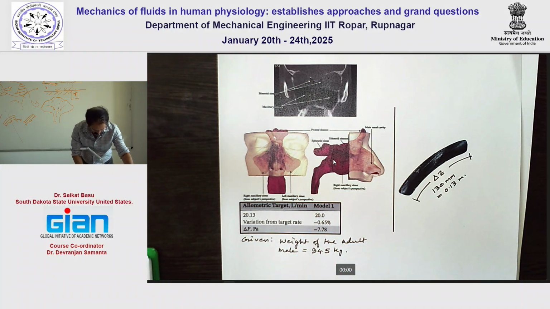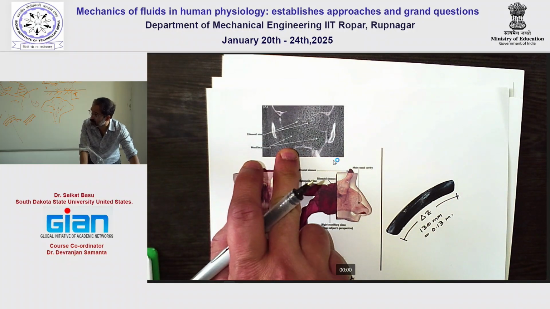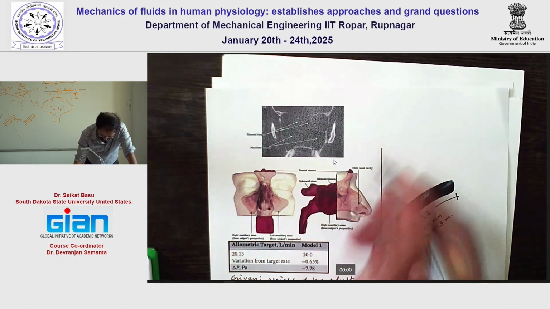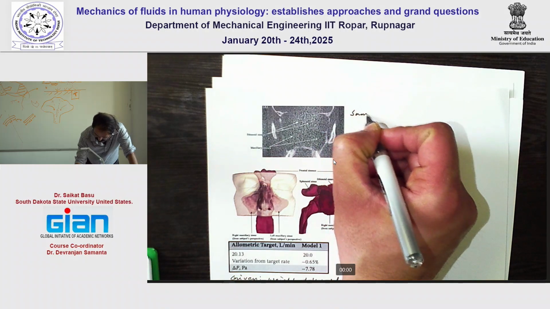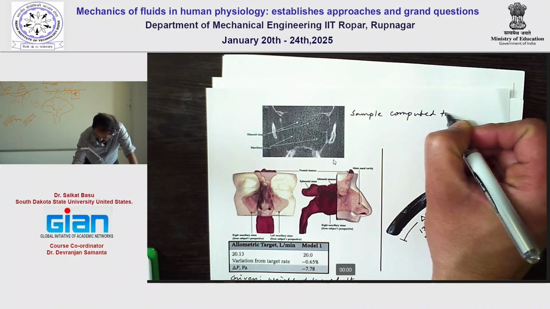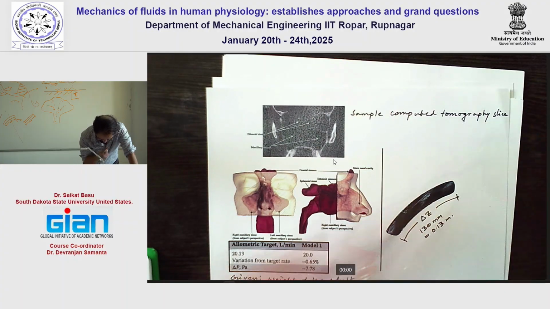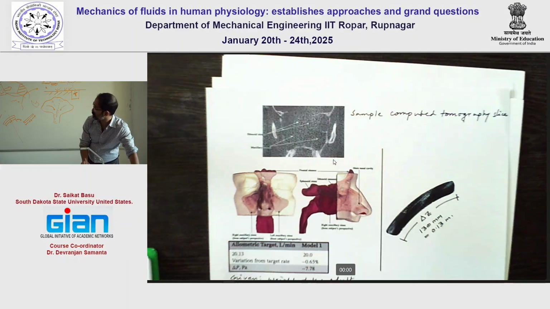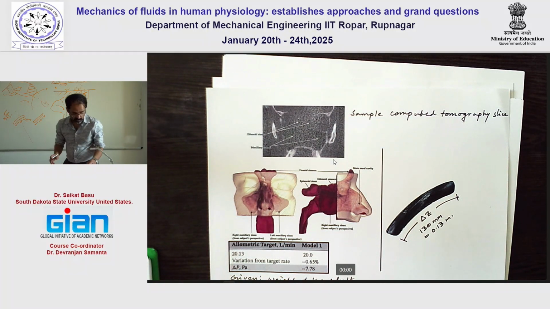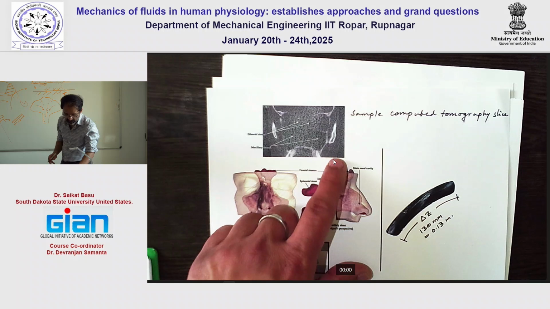Okay, so let's look at the other. So this is the figure. This would be clearer in your printout. So this is the CT scan of the same subject. So this is a sample computer tomography slice. And to extract the airspace or the airway from this scan, again, I think on your printouts you can see that the whiter parts are the bony structures.